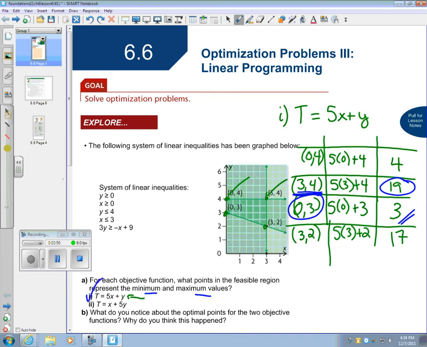Now it says, okay, but what if it was x plus 5y? T equals x plus 5y. Okay, let's set up another little table here. So let's first of all do the point (0, 4) again. We have x, which is 0, plus 5 times 4. 5 times 4 is 20.